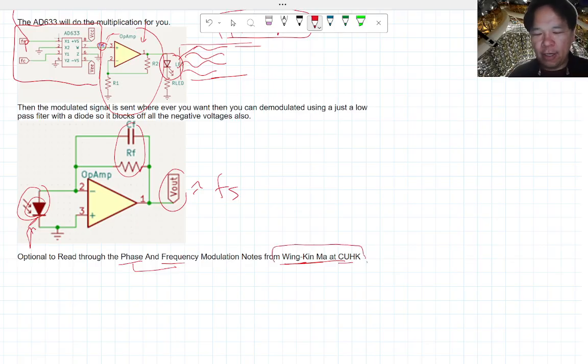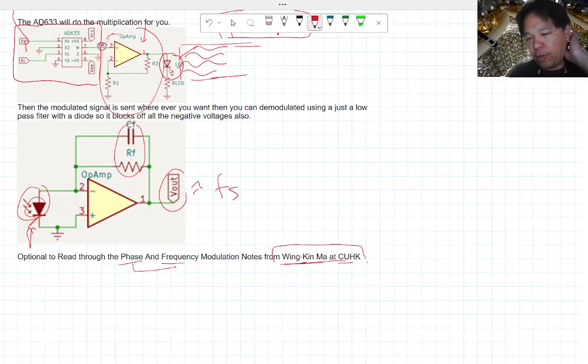Unfortunately, modulation has huge application everywhere. So if you just look up modulation, you have information everywhere. And a lot of the time today's modulation is digital, modulating a digital signal as opposed to an analog signal. And those are a little bit harder to understand because you don't see a continuous function.